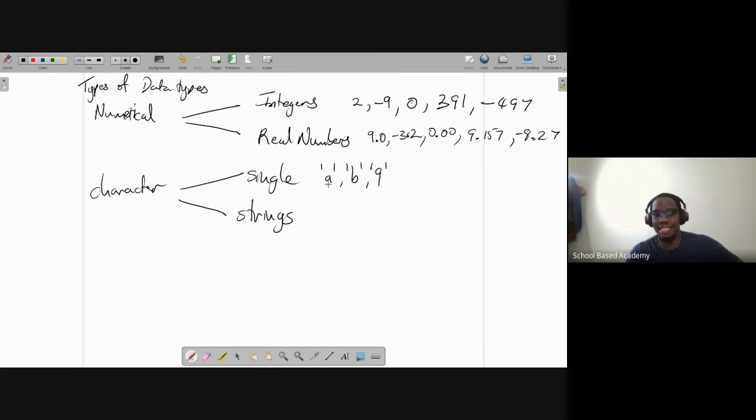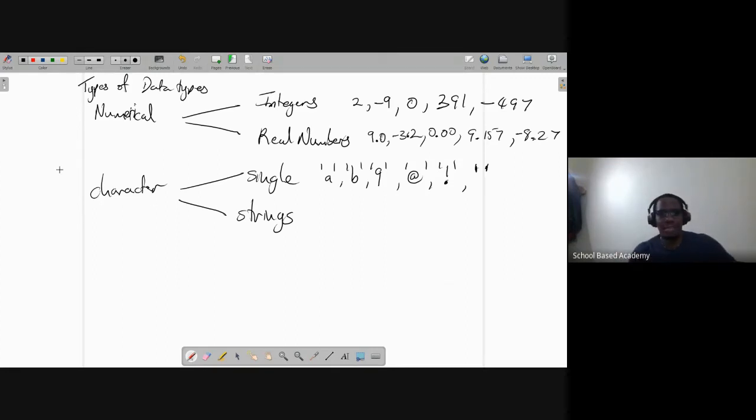So you have any single letter, numeral, or symbol: at sign, exclamation point. And even space is a character. So you have space as a character. It's an invisible character. It's a character with a bit of a superpower. So you have that whole single character.